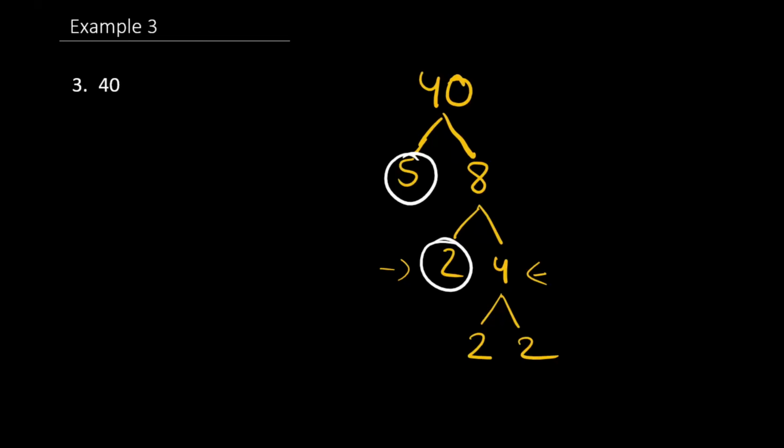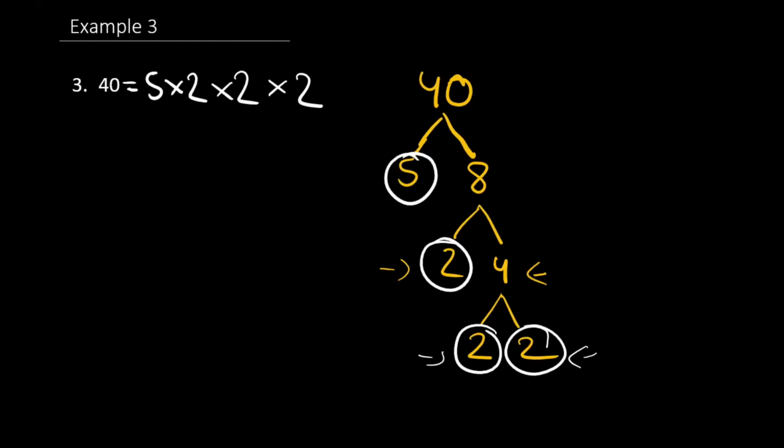And both of the 2s are prime numbers, so we can't break it down anymore. So our answer will be 5 times 2 times 2 times 2. So there are three twos. Another way to write it would be 5 times 2 to the 3rd power.